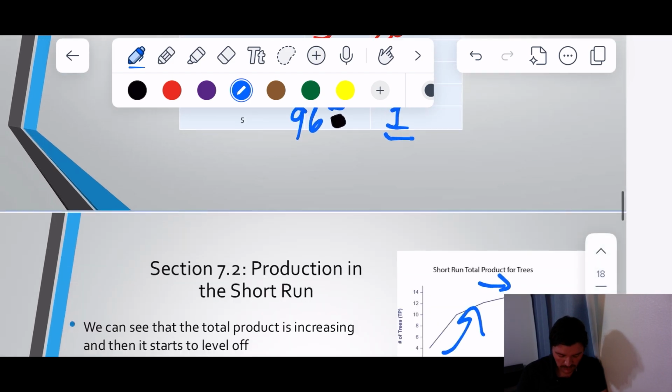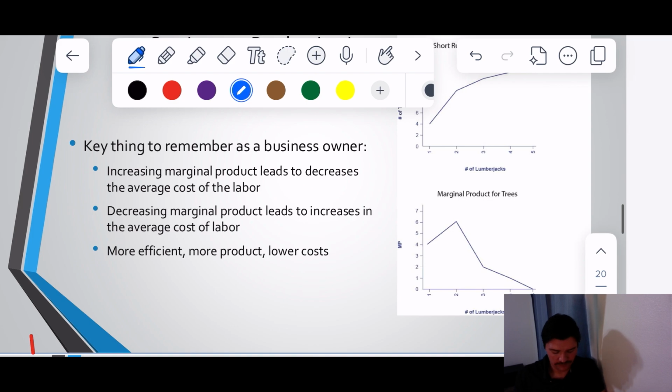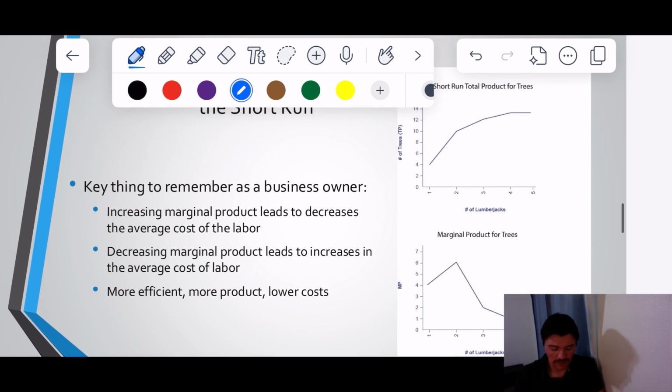A key thing to remember as a business owner is that when you are increasing the marginal product, this is actually better for you because now it is going to be decreasing the average cost of that labor. For example, if you paid him $50, but he's producing you a lot of trees, then it's kind of like more beneficial to you because they're more productive.